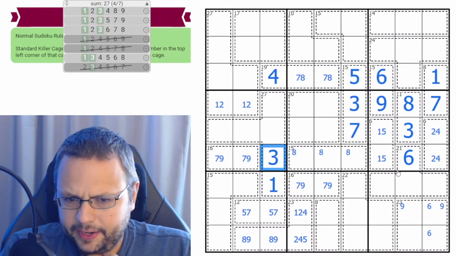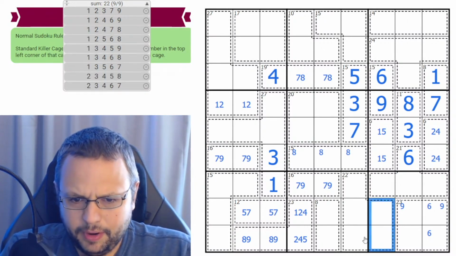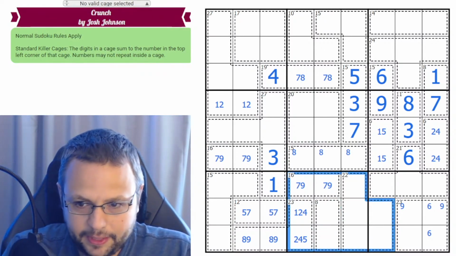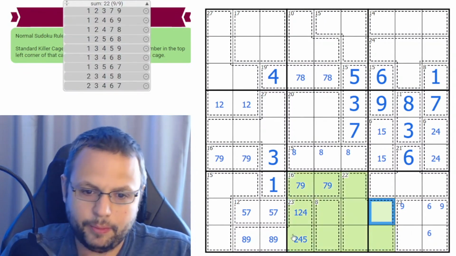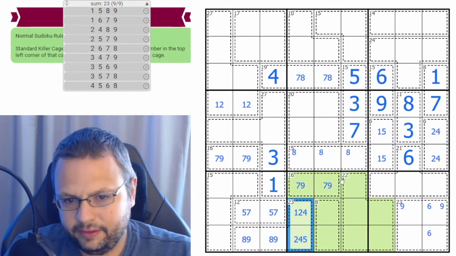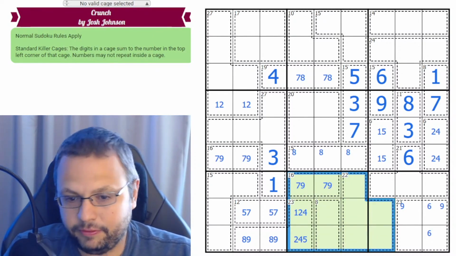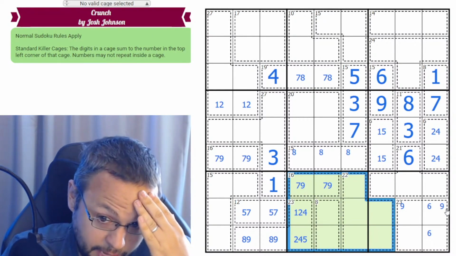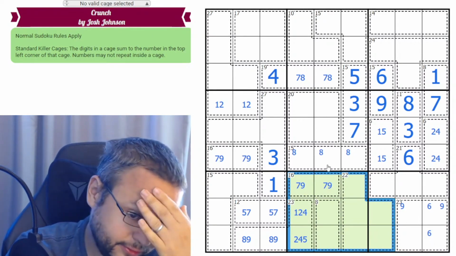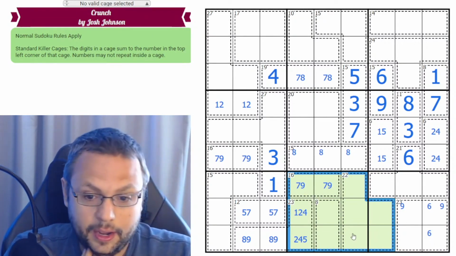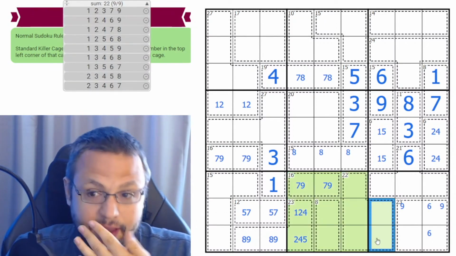Let's see. Okay, what about, I don't know if this is going to do anything, but let's try this. Because remember, we know these two sum to 6. So this is 6, 22, 30. So these sum to 52. Okay, so the green cells sum to 52. And so these two cells need to sum to 7.